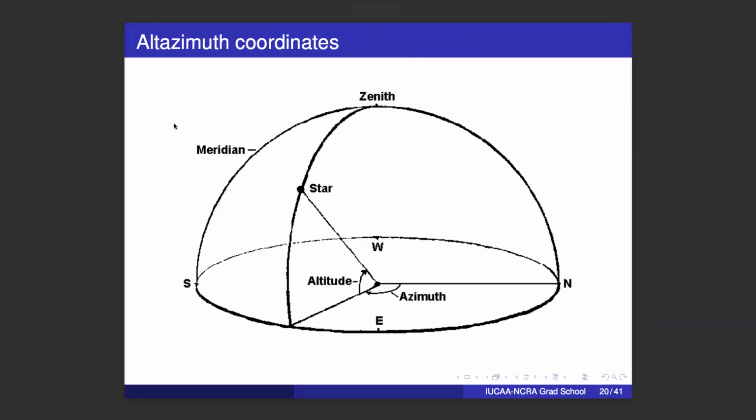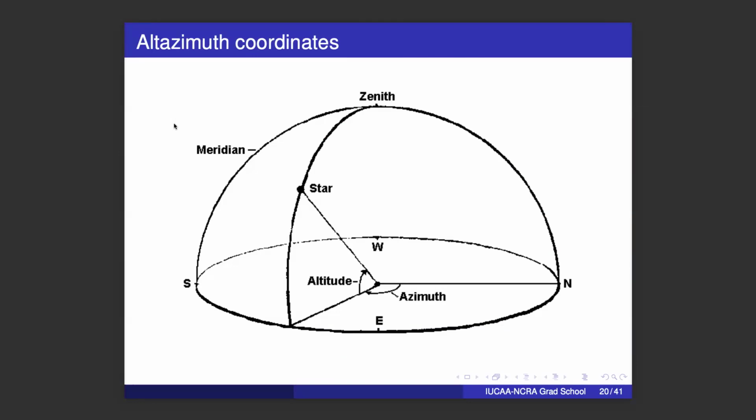Okay. One more concept from coordinates now. If you imagine yourself standing over here, there is the north side, east side, south side, and west side, and you are observing, let's say, this particular star over here, then you can define an angle on the plane of the Earth, which is called azimuth. Okay. It is measured from the north as 0 and east as 90, south as 180, and so on. So eastwards.